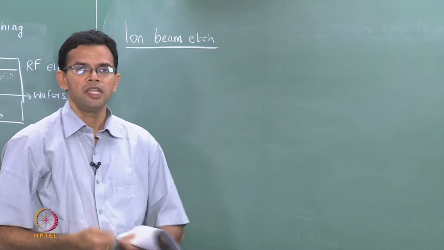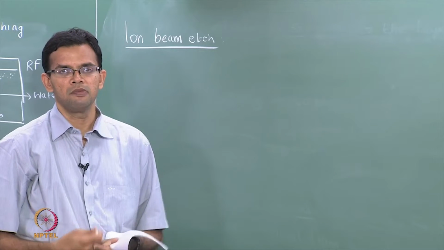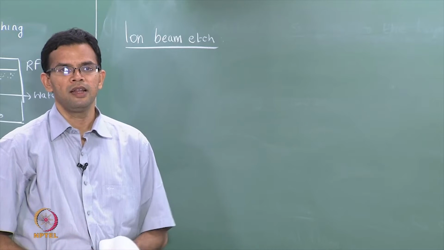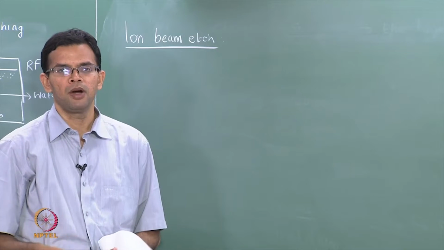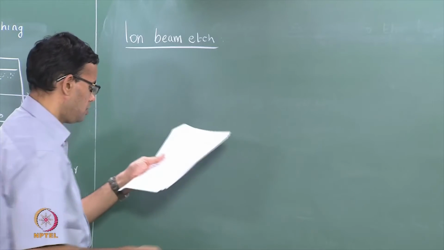In ion beam etching, the chamber arrangement is similar, but instead of a chemical reaction you have physical removal of material by bombarding it with high energy ions.